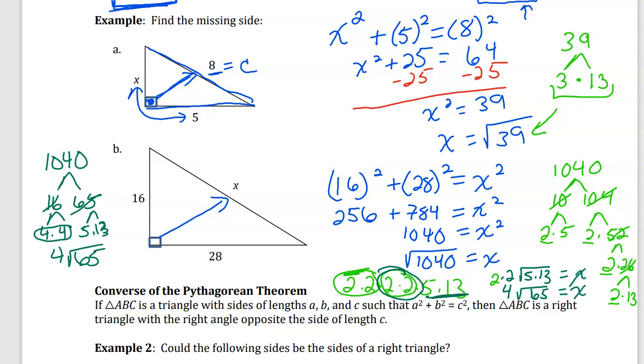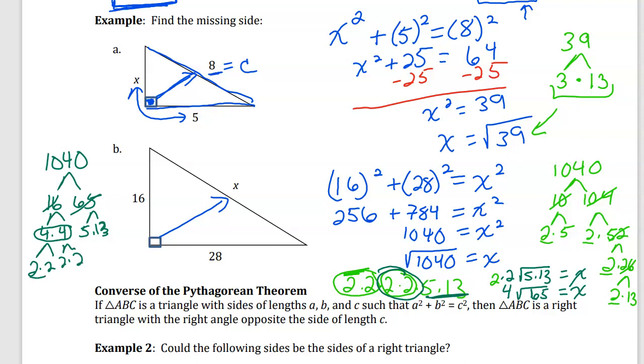You can either break it down all the way to its prime values, or you can break it down into something that gets you a square root. You should come up with the exact same thing as long as you've broken it down as far as you can. Because if I were to keep going with this 4 and 4, notice that 4 times 4 is 2 times 2 and then 2 times 2.